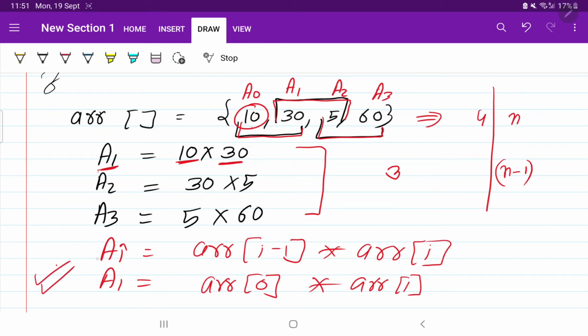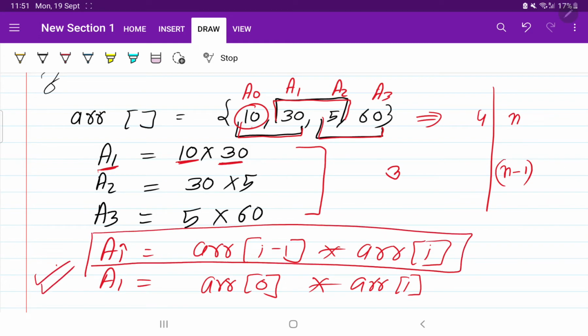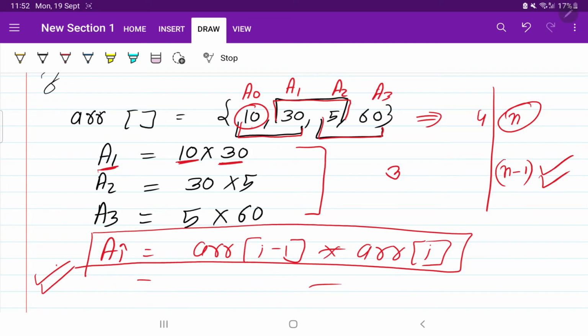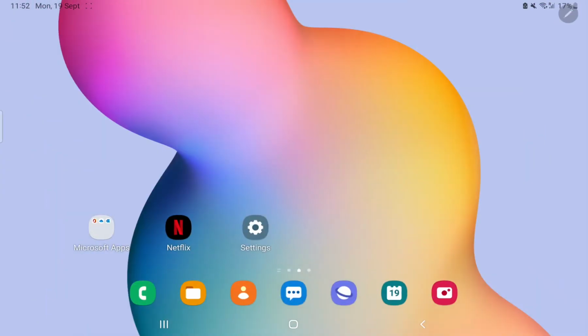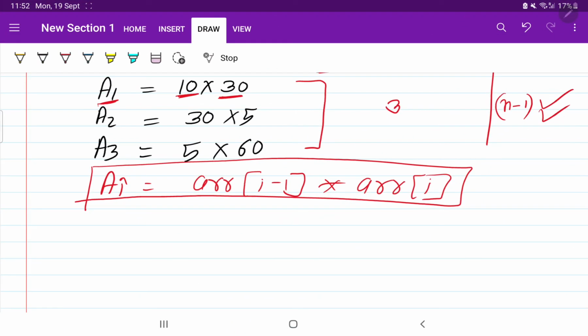So we have made 2 observations. One observation is that if n elements are there, the matrices are n minus 1. And Ai will be equal to array of i minus 1 into array of i. This is the second observation. Now tell me one thing. If I put i equal to 0, what will happen?